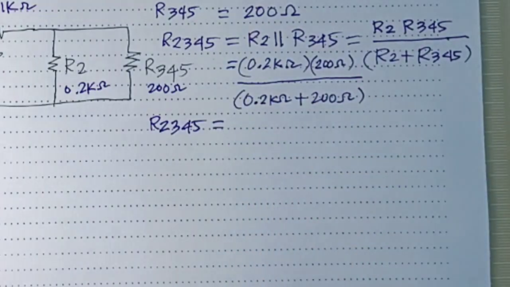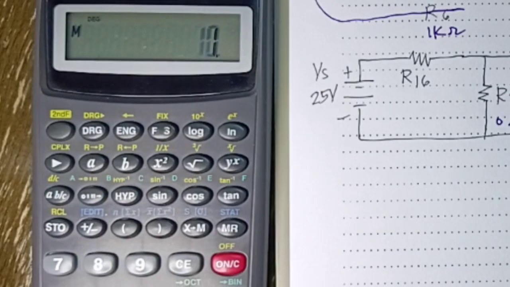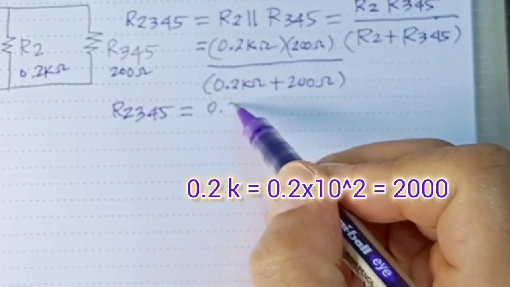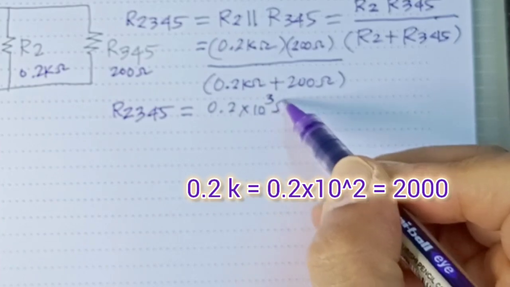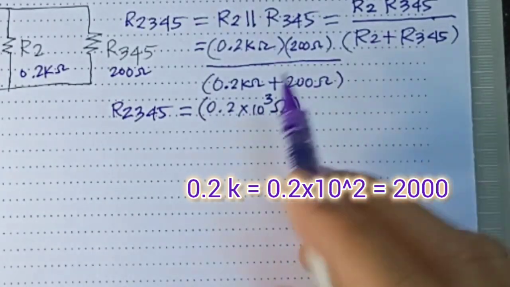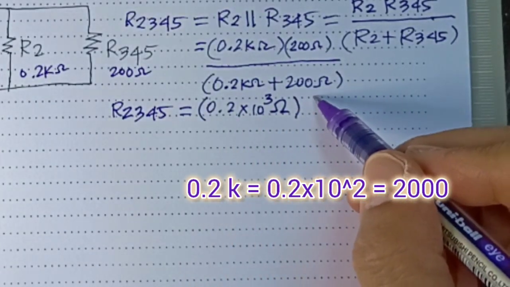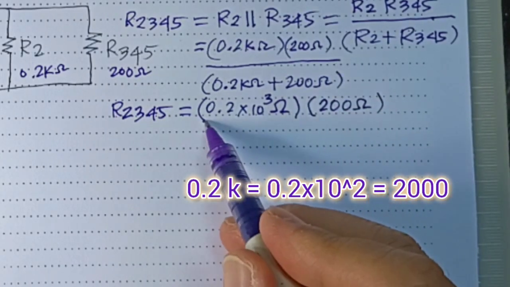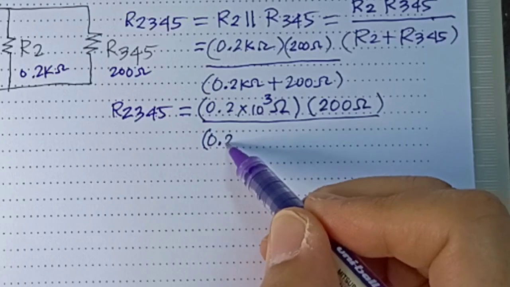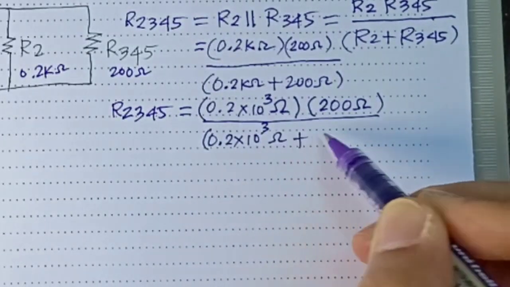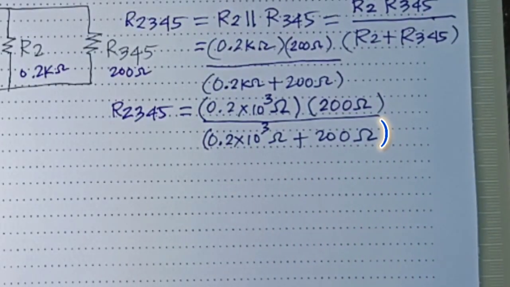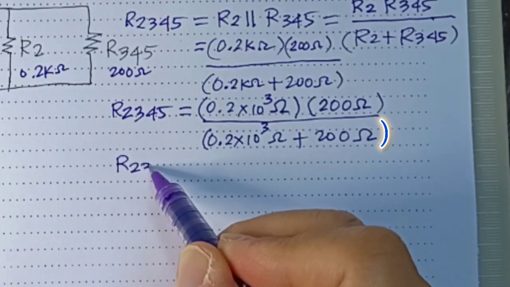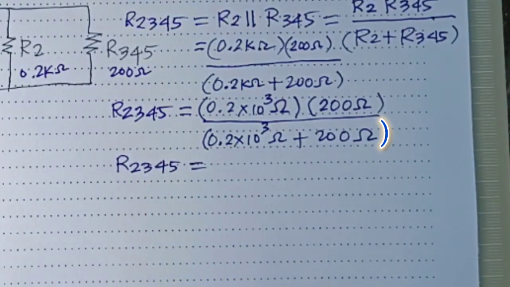And our answer would be, let's calculate, 0.2 to the power of 3, because that's kilo. Let's write it here: 0.2 multiplied by 10 to the power of 3. For those who can understand this, you may skip that part, but just to be clear, let's write the complete values, so that it's very clear what the solution is.